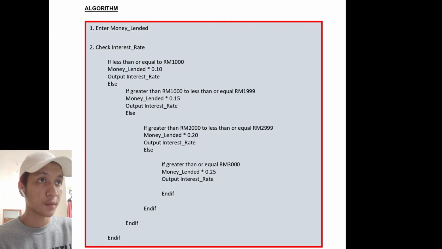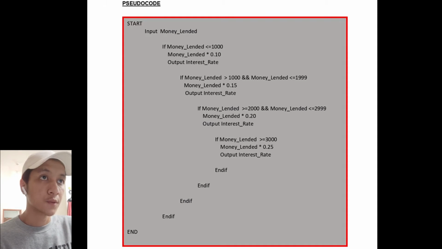And then we have to write an if. So for pseudocode, type in start, input money lended. If money lended is below or equal to 1,000, money lended multiply with 0.1. Output interest rate. If money lended is greater than 1,000 and money lended is below or equal to 1,999, money lended must be multiplied with 0.15.